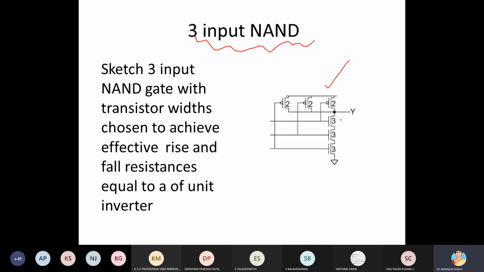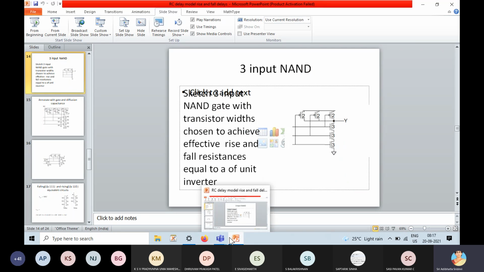Do you understand why we got 3, 3, 3 for the NMOSFETs? And the PMOSFETs are 2, 2, 2, because we have taken the unit PMOS resistance as 2R. That's why we got 2, 2, 2, because here beta N by beta P equals 2.